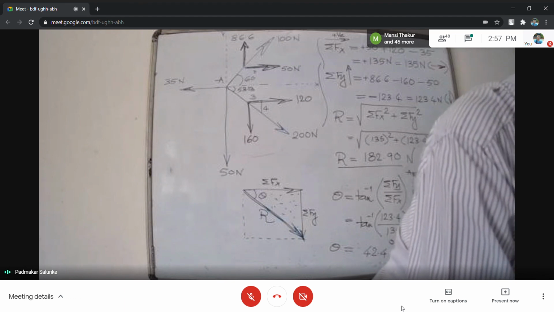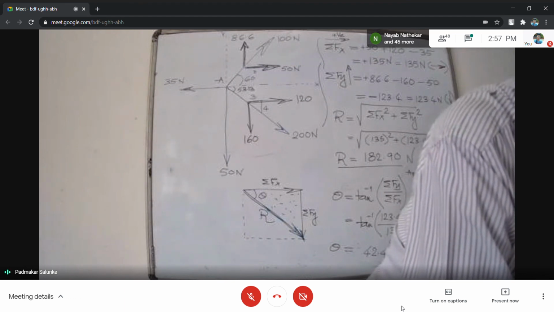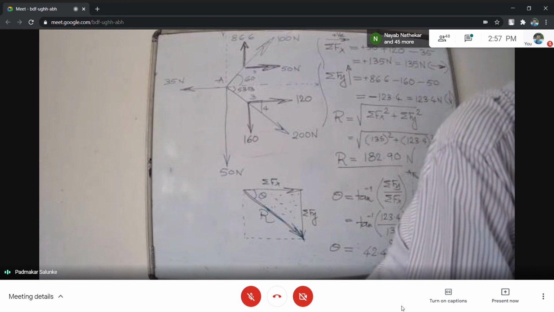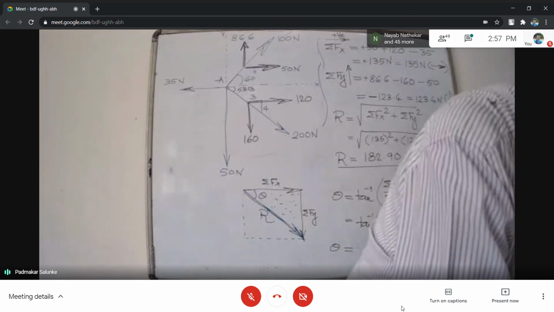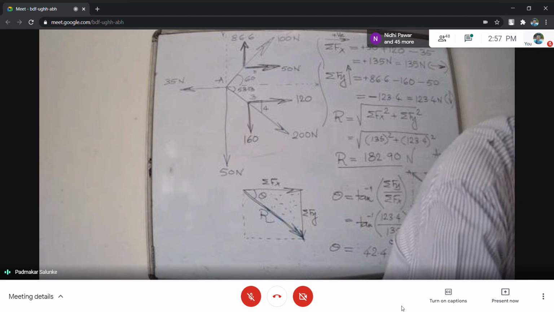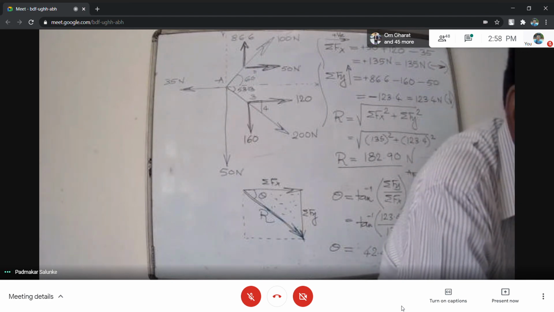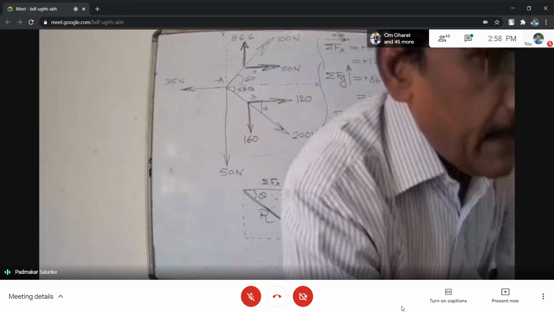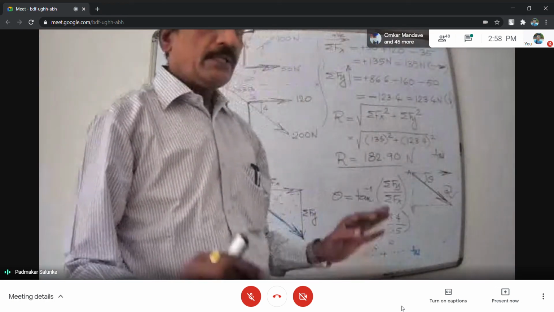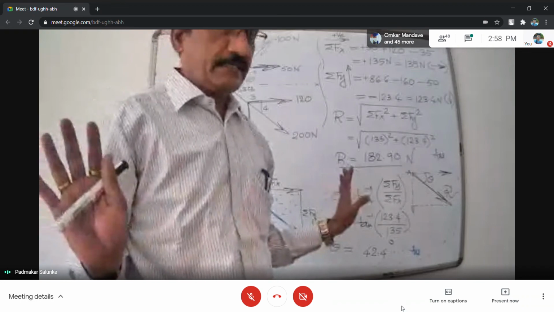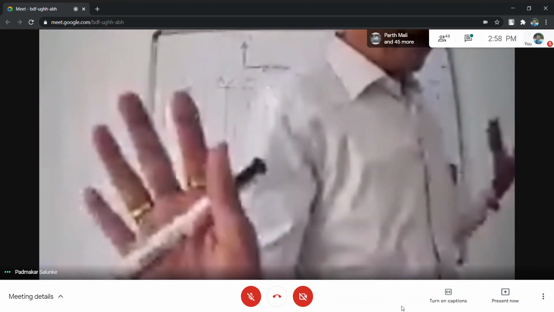Refer to anything, but solve problems by your method only. If you are solving 10 problems by different methods, that becomes a mixture in your mind and you are unable to understand. So if you really want to understand mechanics, then solve the minimum with perfect understanding. I'm not saying solve the maximum.